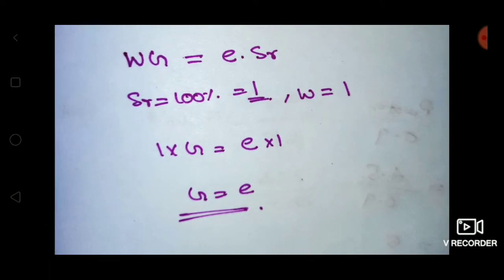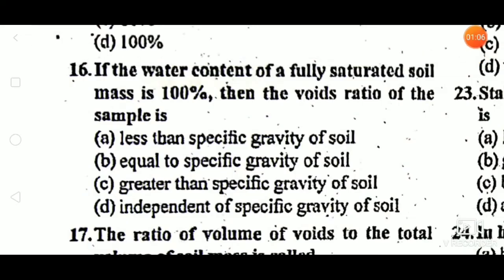Similarly S_r is saturation. Here it is given that degree of saturation is 100%, that means 1, and water content also 1. Here 1 into G equal to e into 1. So specific gravity will be equal to void ratio. So option B is correct. Void ratio is equal to specific gravity of soil.